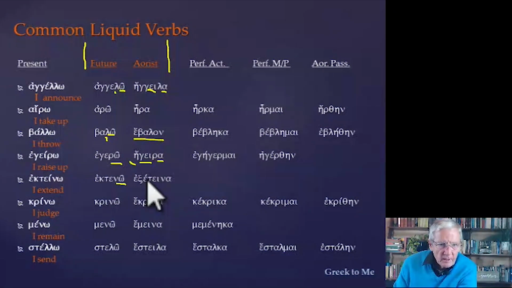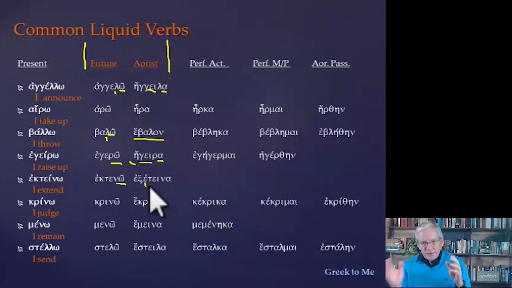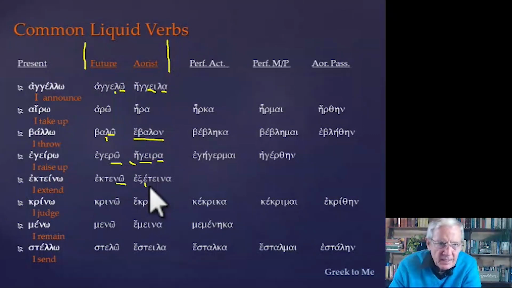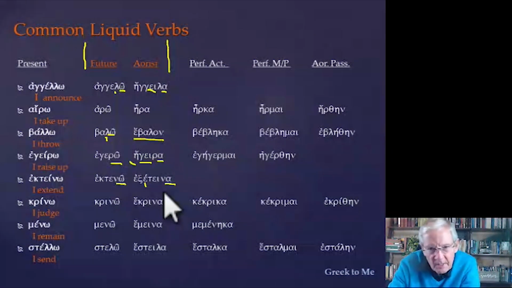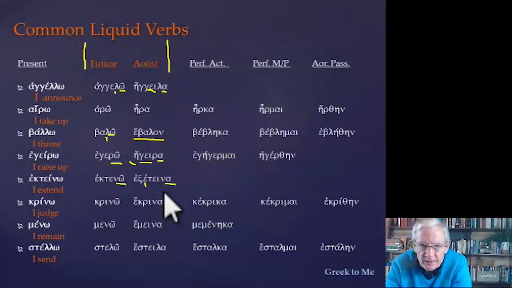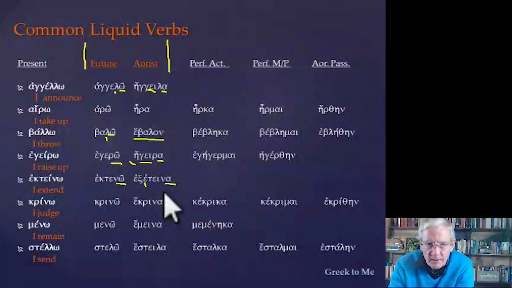Now in the first aorist, here's the augment. It occurs after the preposition and before the verb stem. Exetena. So we have an augment, and then we are left with our alpha. So that's first aorist, active, indicative, first singular. I extended or stretched out.